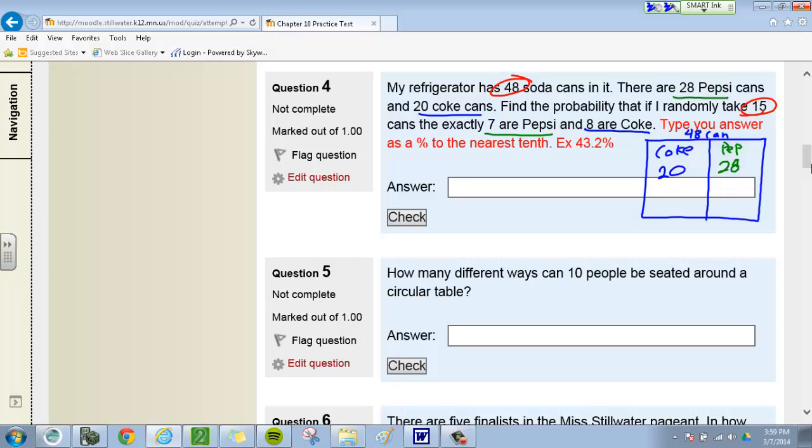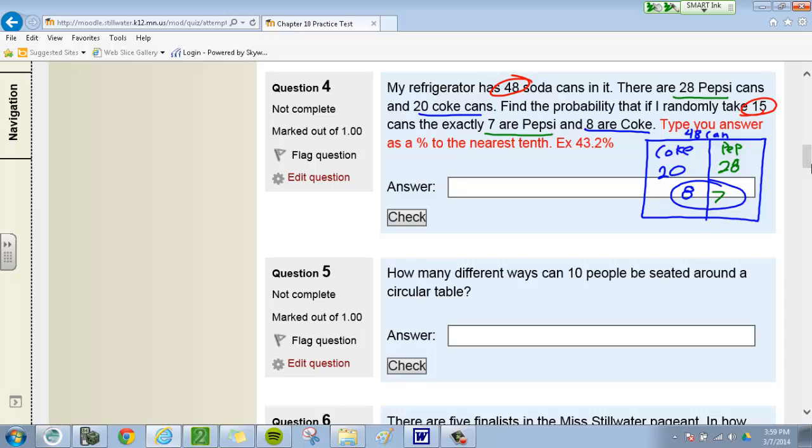From those 20 Coke cans and 28 Pepsi cans, you are selecting a subset of 15 cans. In that subset, you are taking 7 Pepsi cans and 8 Coke cans. You want to figure out the probability of selecting exactly 8 Coke cans and 7 Pepsi cans.